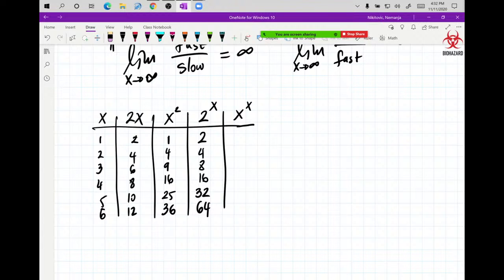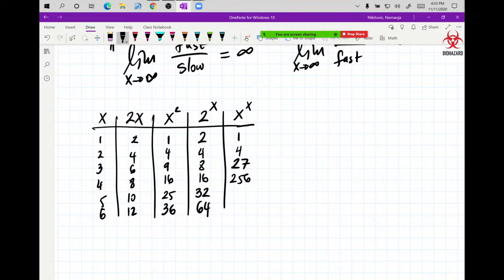Anyway, then we get to the big boss. 1 raised to the 1 is 1. 2 raised to the 2 is 4. Nothing to see there, pretty much the same as everyone else. But then 3 cubed is 27, and it's already gone. 4 to the 4, yeah, 256.